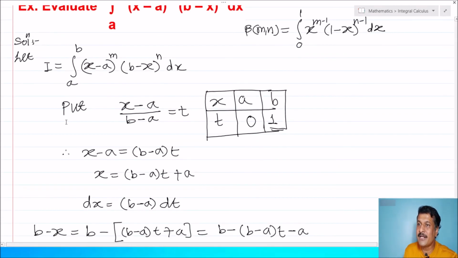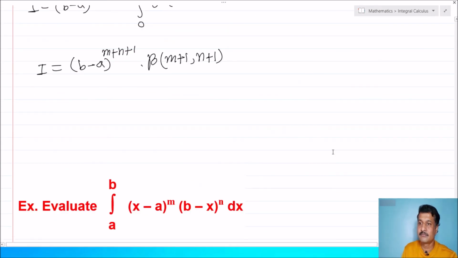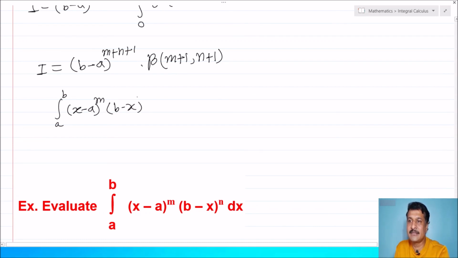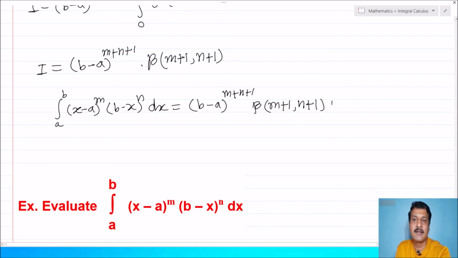I is nothing but this one, and therefore I am getting integration from a to b (x minus a) raised to m (b minus x) raised to n dx equal to (b minus a) raised to m plus n plus 1 into beta of (m plus 1, n plus 1), which is your required answer.